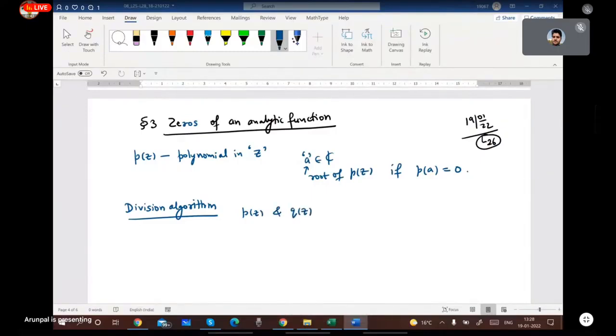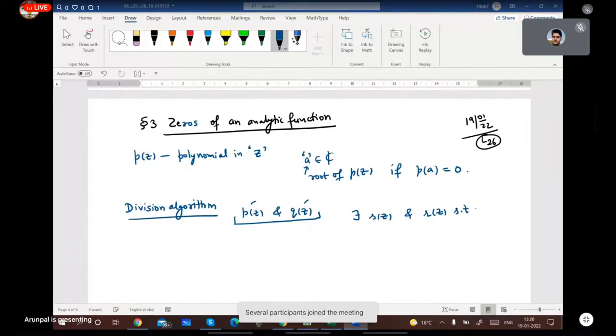The division algorithm says that for these two given polynomials, you can talk of other polynomials s(z) and r(z) such that p(z) can be expressed as s(z)q(z) plus r(z).